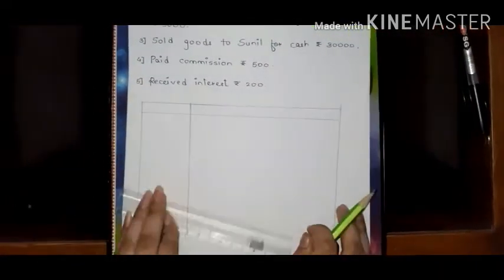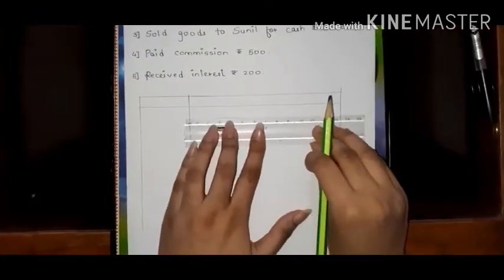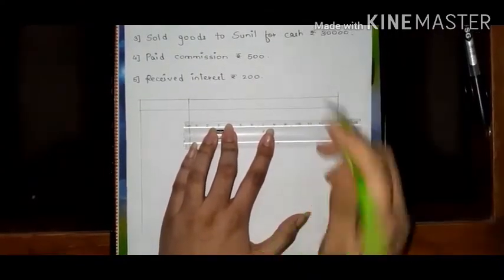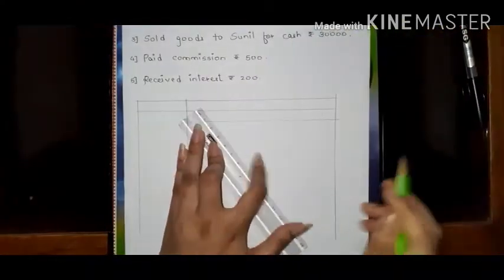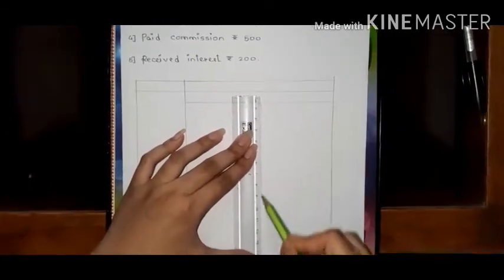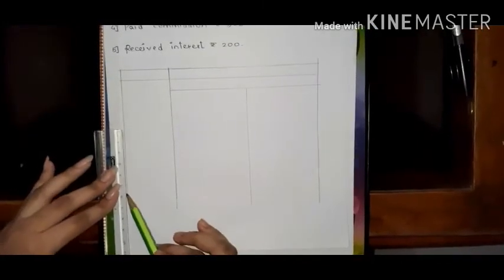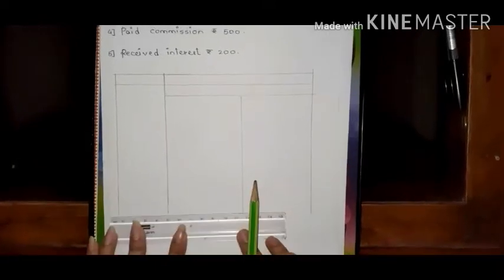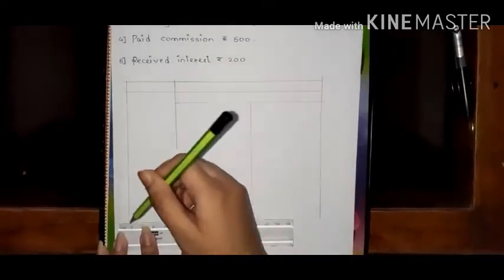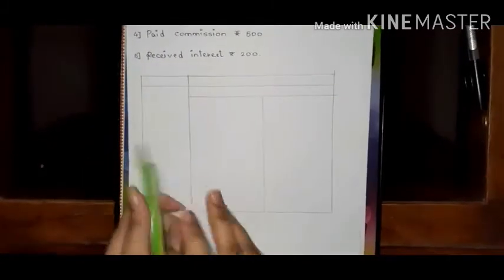Again we have to draw one more horizontal line, so as to name aspect 1 and aspect 2. Okay, this is how the format over here is drawn.